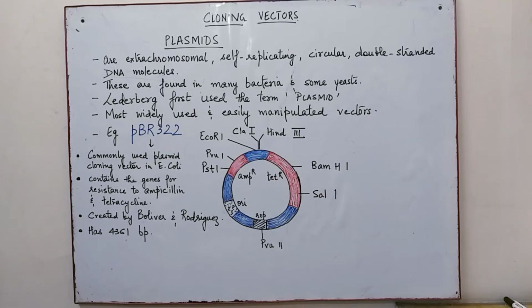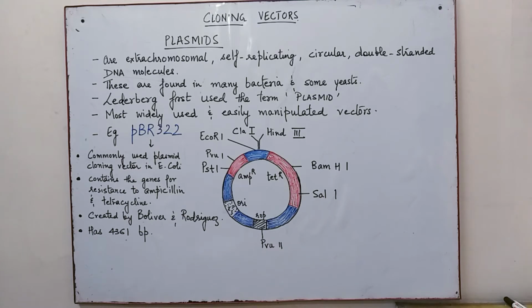So any piece of DNA which is linked to this particular sequence can be made to replicate within the host cell. Then we were talking about the selectable markers that help in identifying and eliminating the non-transformants, allowing only the transformants to grow.